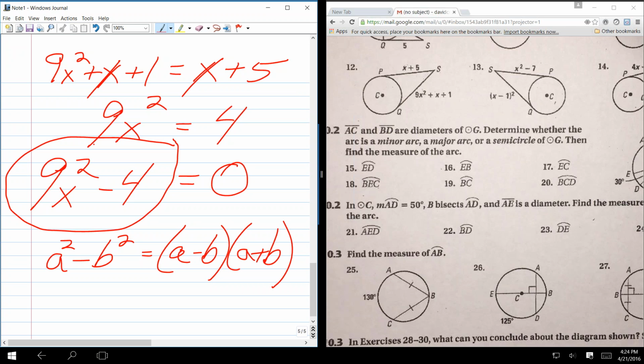Well, that's a squared, that's b squared. So a must be what? If 9x squared is a squared, what's a?